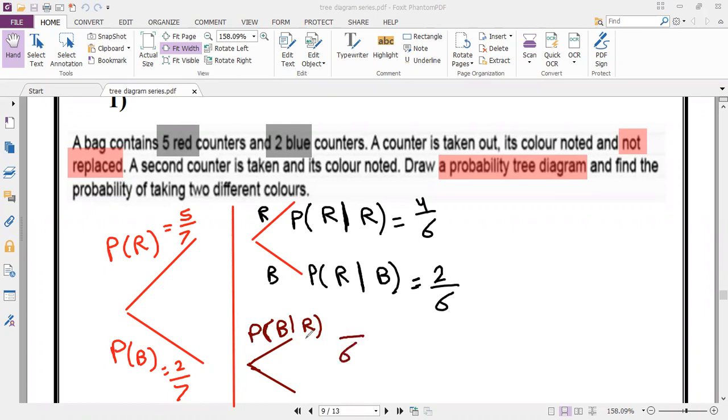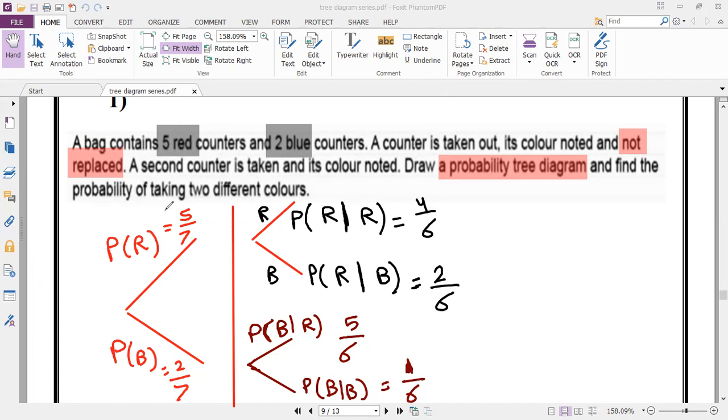And you have how many red in this case? 5 red. And for the last one, P(B|B). It will be what? Because we took one blue and didn't replace, there are 6 counters, and you are left with 1 blue out of 6. Did you get it?